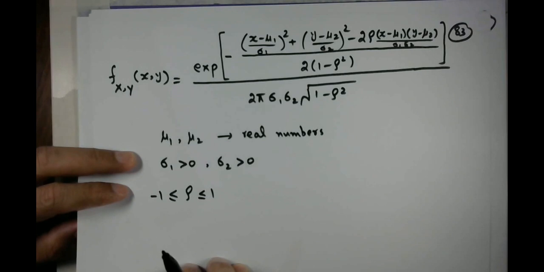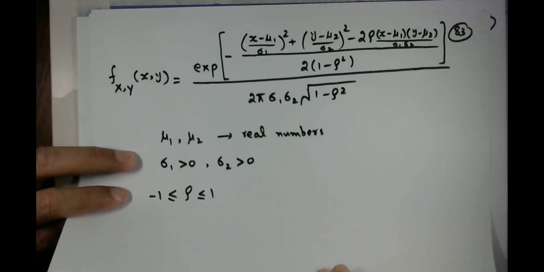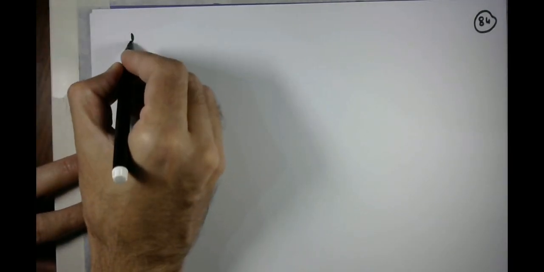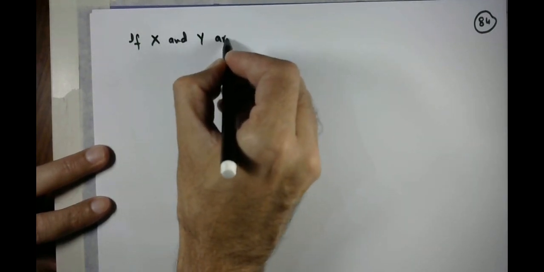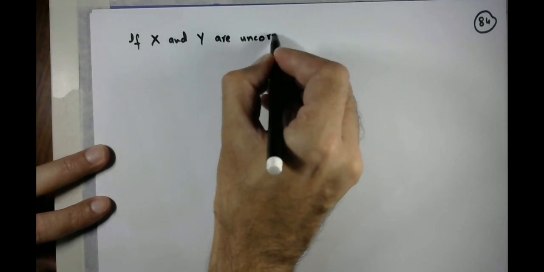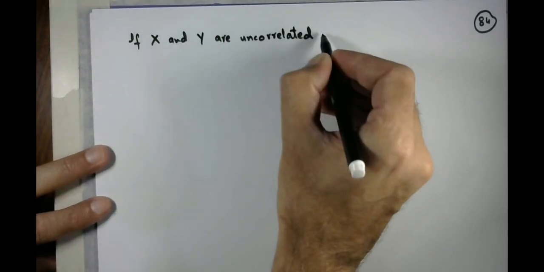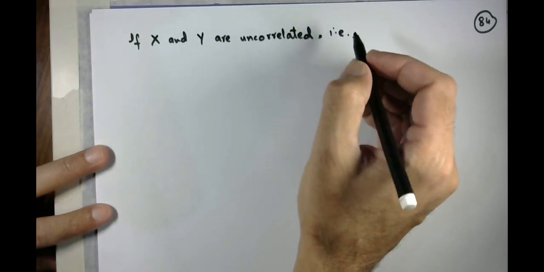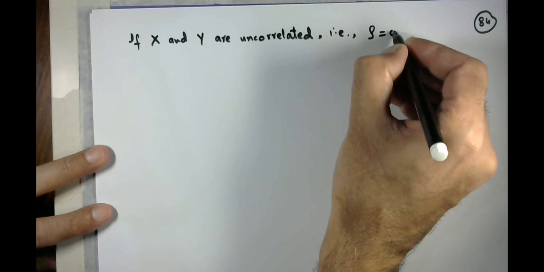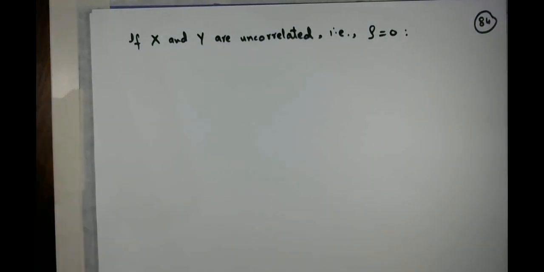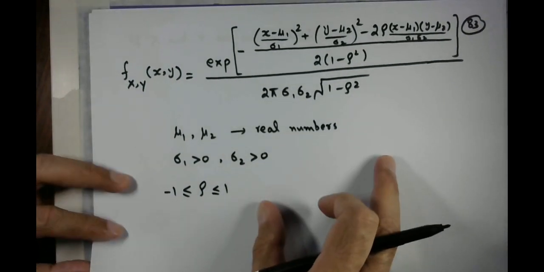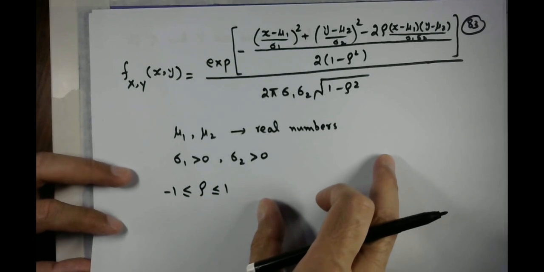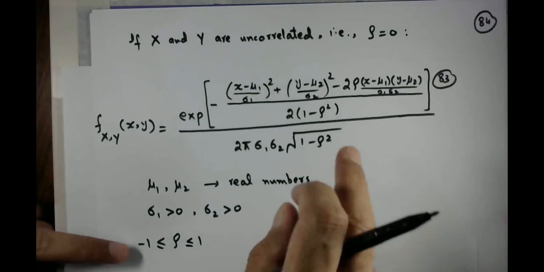If the correlation coefficient is 0, which also means that x and y are uncorrelated, what will be the shape of this distribution, and what conclusion can we draw from this condition?